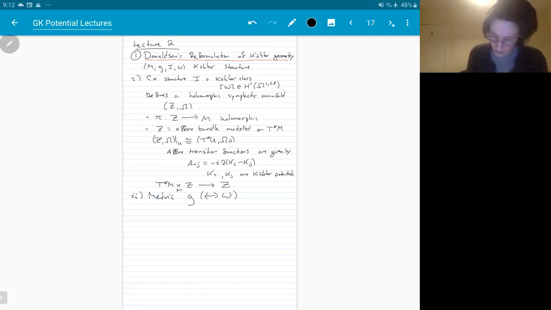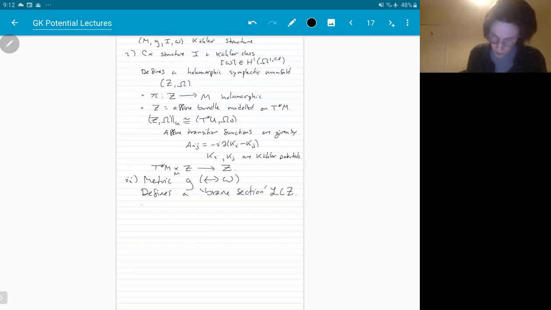And this defines a so-called brane section L inside of Z. So it's a submanifold of Z, which is smooth, non-holomorphic.